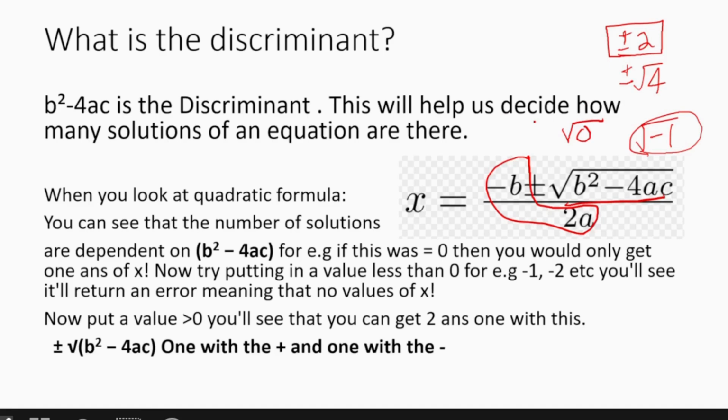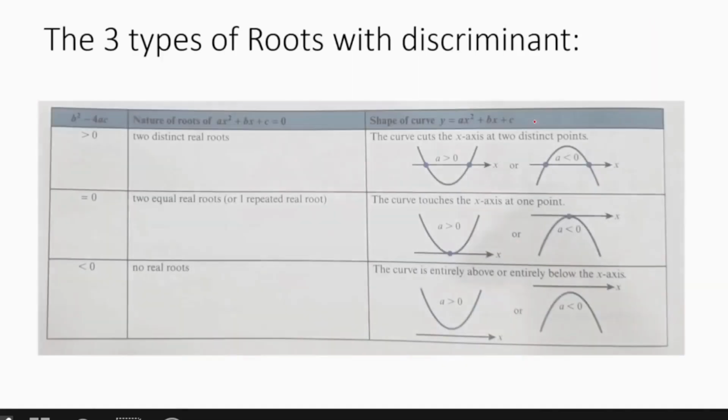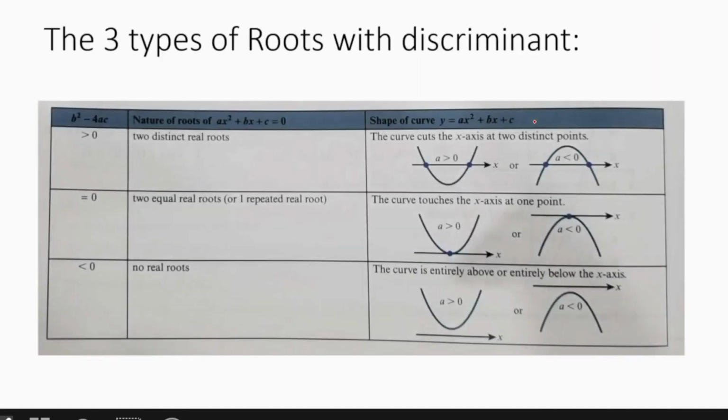Alright, now let's see. I've also taken this picture from the Cambridge book. As you can see over here, when your b² - 4ac is greater than 0, you will have 2 distinct real roots, just like we discussed before. You can see this is due to this.